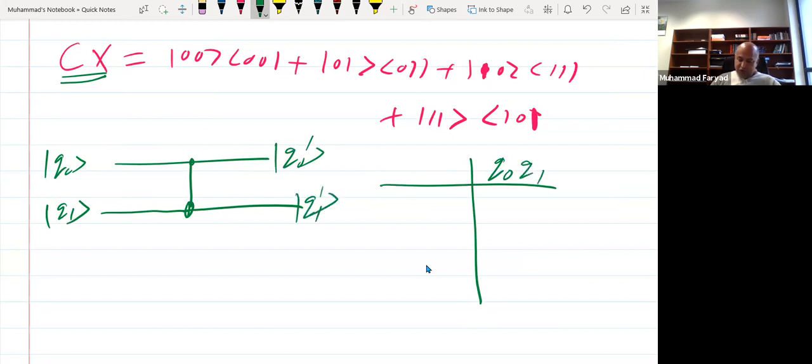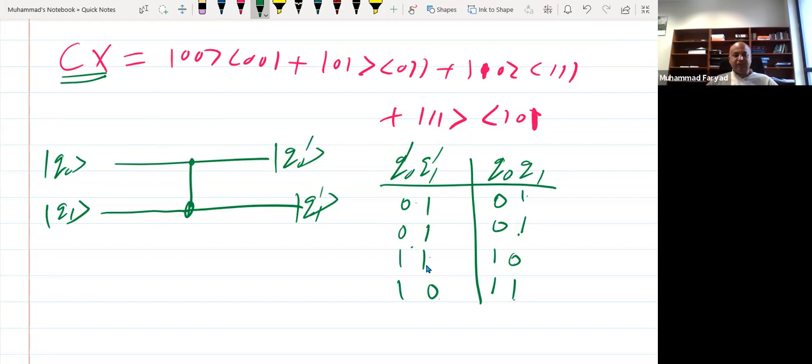So Q0, Q1 here, and output I'm writing now on the left side. So if Q0 is in 0 state, then it doesn't matter what Q1 is, the state remains the same, because the control is 0, so the target is not changing. But if the control is 1, the target flips. So target goes from 0 to 1 or 1 to 0. So that's why it's controlled NOT gate.